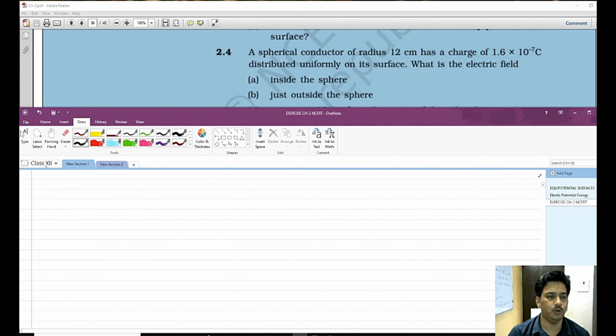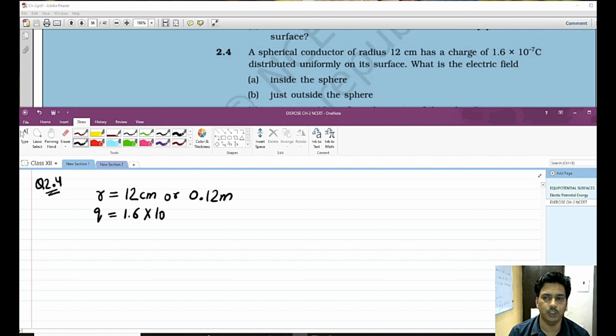In question number 2.4, there is a spherical conductor of radius 12 centimeter, that is 0.12 meter, which has a charge of 1.6 into 10 to the power minus 7 coulomb distributed uniformly on its surface.